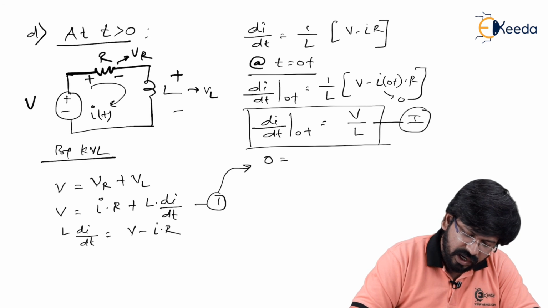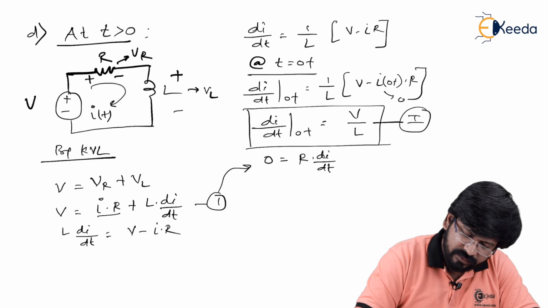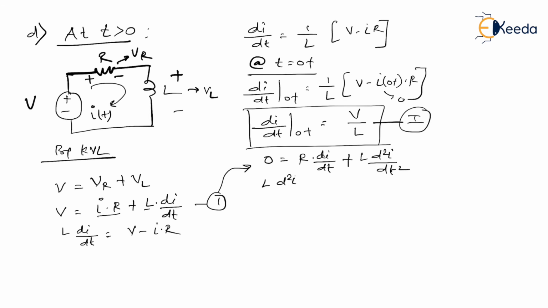It is equal to I into R. The derivative becomes R into di by dt, plus L, which is constant, into d square I by dt square. So L into d square I by dt square is equal to minus R times di by dt.